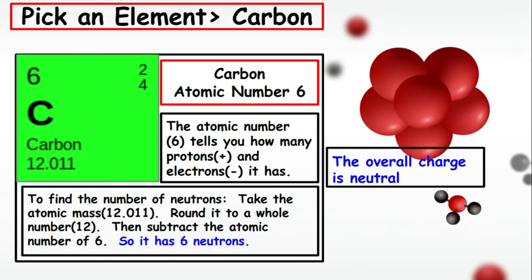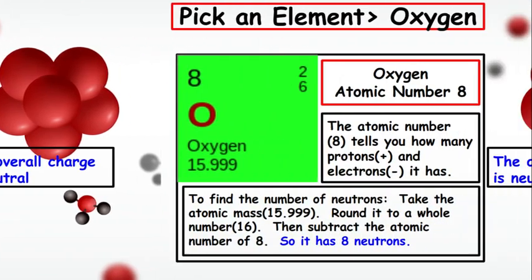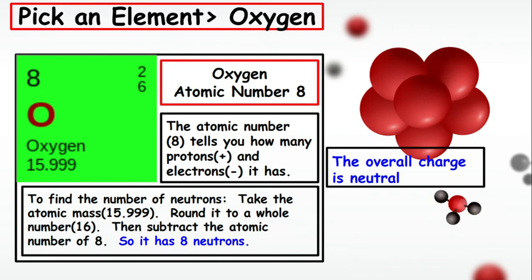Here we have carbon. Carbon has 6 protons and electrons, and it has 12 minus 6 neutrons, which means it has 6 neutrons. Take a minute and check that. Give this one a try. Oxygen.